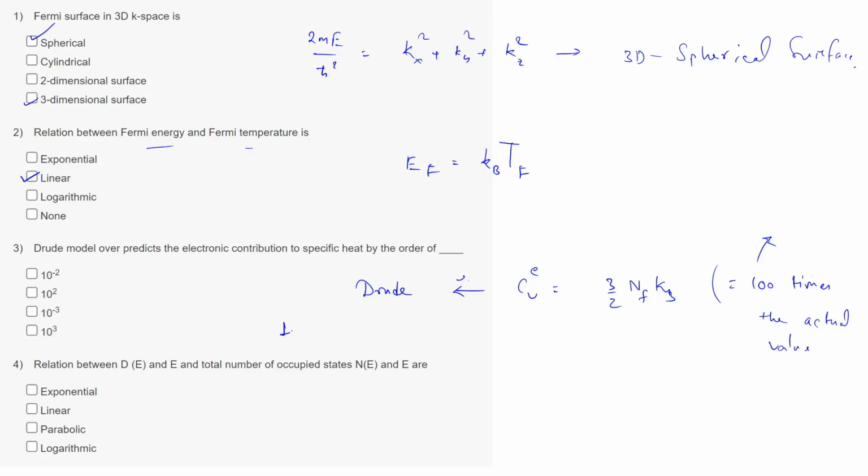But in the Drude-Sommerfeld model, there was this term pi square by 2 N kB T divided by TF. Okay, and this is of the order of 10 to the power minus 2. So it over predicts the electronic contribution to the specific heat by the order of 10 to the power minus 2.